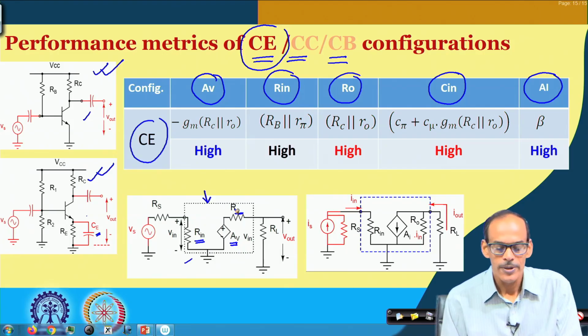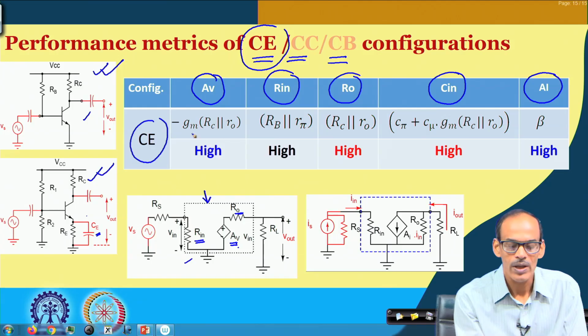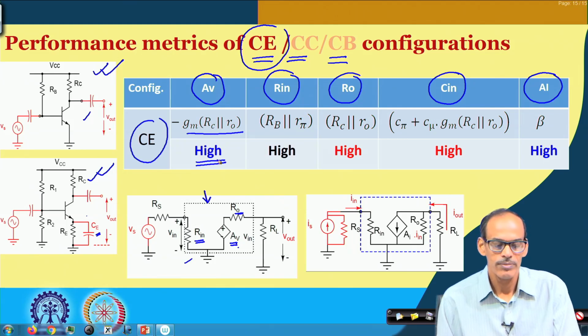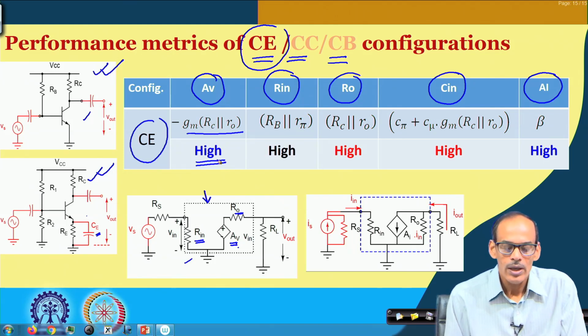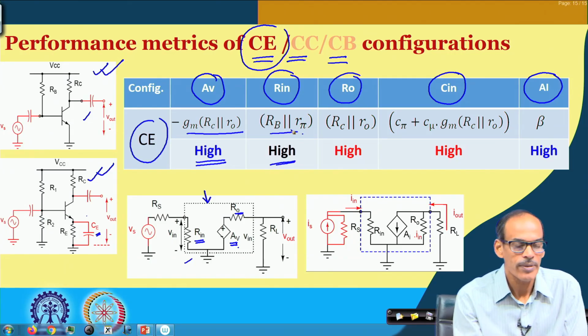Say for instance, of course, the voltage gain should be high, and its expression is given, and qualitatively you can say that the voltage gain of the CE amplifier is reasonably good. So, it may be in the order of say 100 or so, or even beyond that. Then the input impedance of the amplifier is given by RB in parallel with R pi.